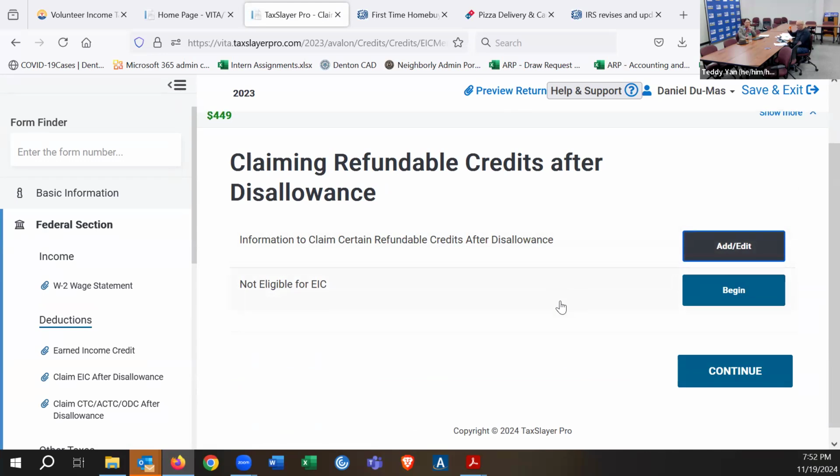So remember, I mentioned for 2 years, Danny was not able to claim earned income credit. Like, he was explicitly forbidden from claiming earned income credit. If the year that we're preparing for him happens to fall into one of those 2 years, we have to use this menu that says not eligible for EIC. But since we're in year 3, and since the IRS decided you didn't do this intentionally, the form that you signed didn't have you trying to claim EIC.